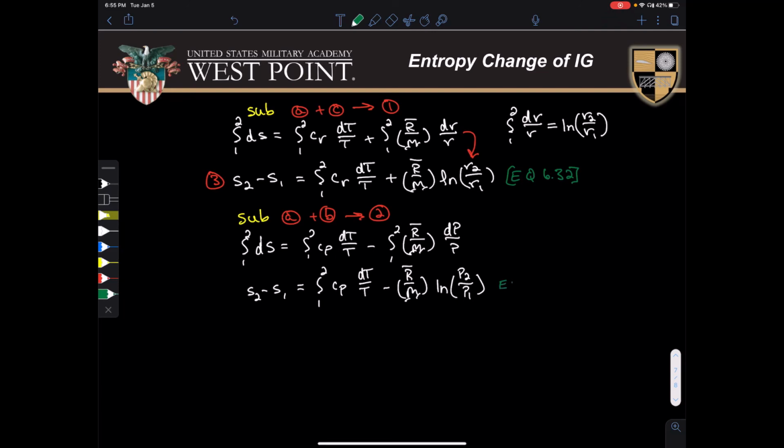And this is equation 6.34 and will be denoted as equation 4.